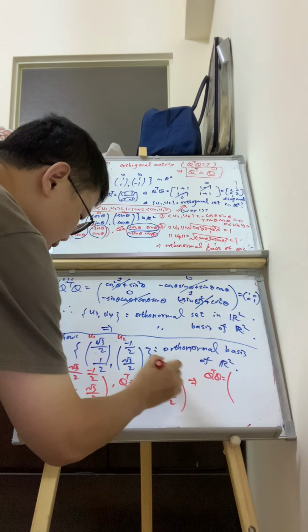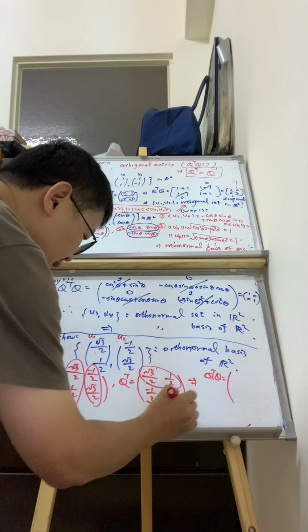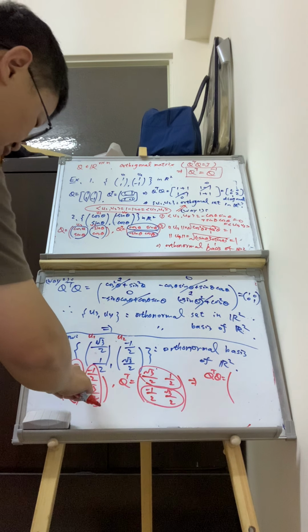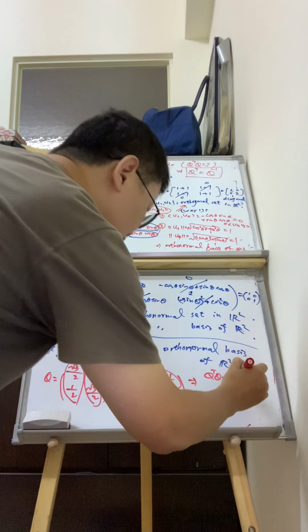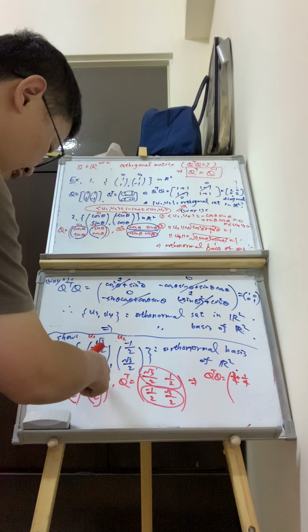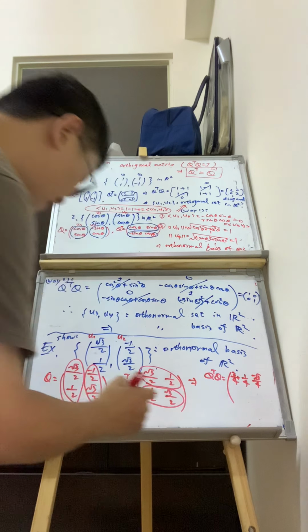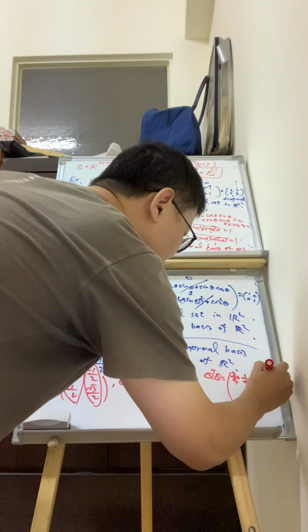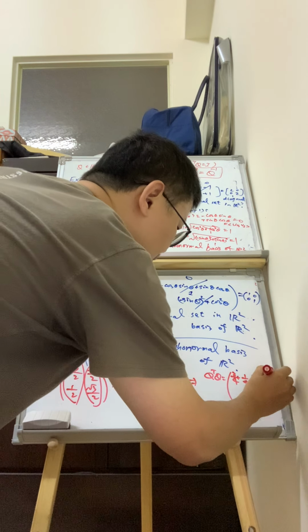In the first position, 3 over 4 plus 1 over 4. Next, negative square root of 3 over 4 plus square root of 3 over 4.